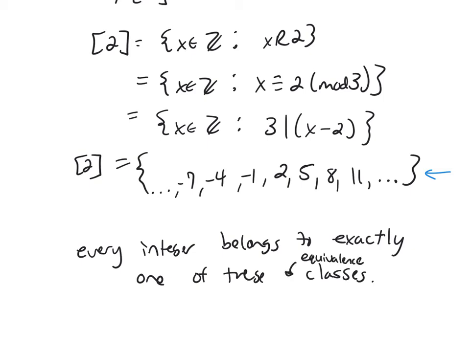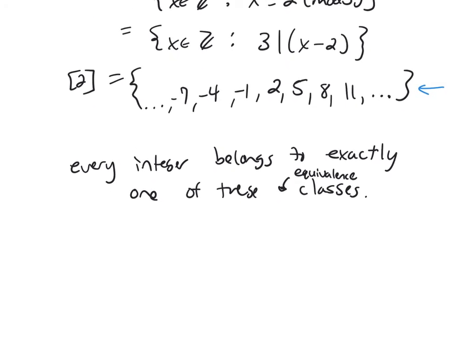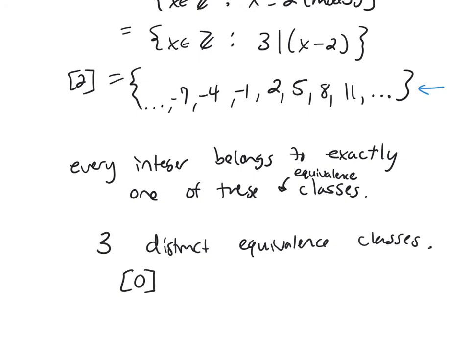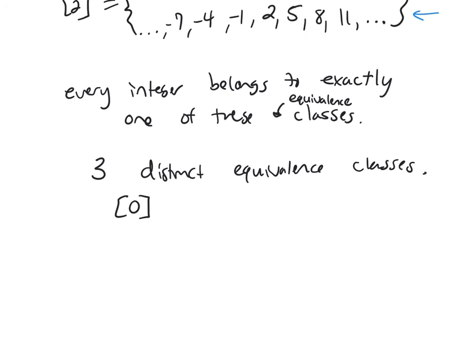So we found all of our distinct equivalence classes. There are 3 distinct equivalence classes. And those 3 distinct equivalence classes were the equivalence class of 0, of 1, and of 2. So there are my 3 distinct equivalence classes.